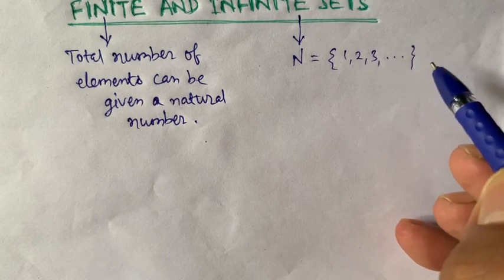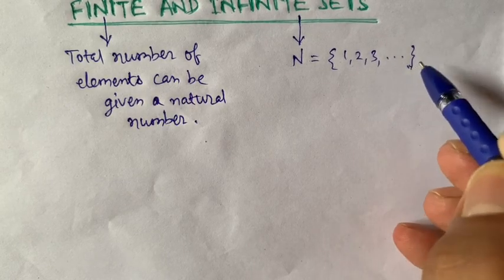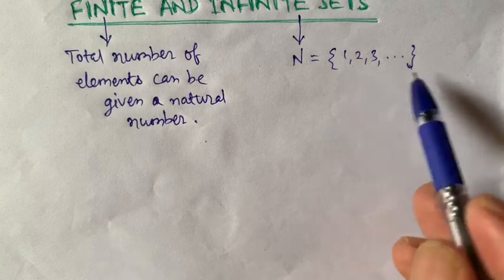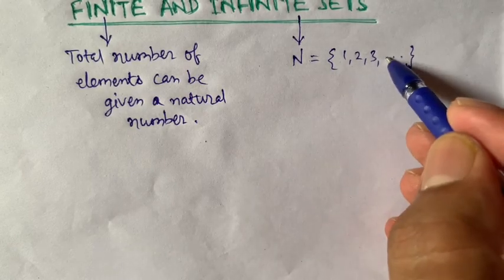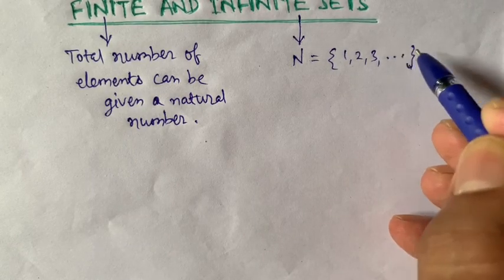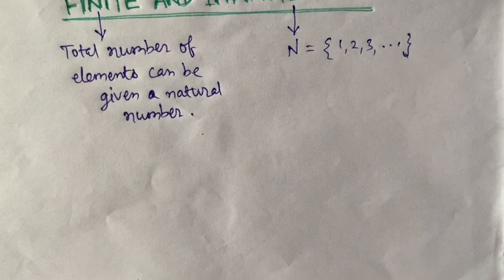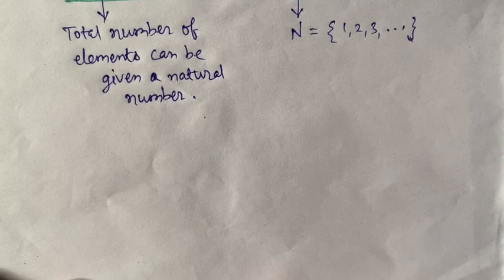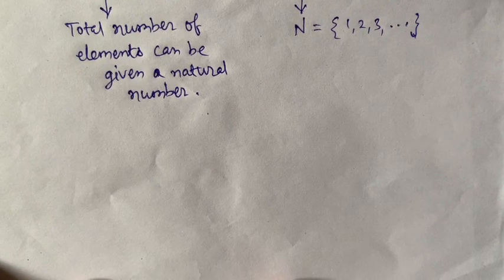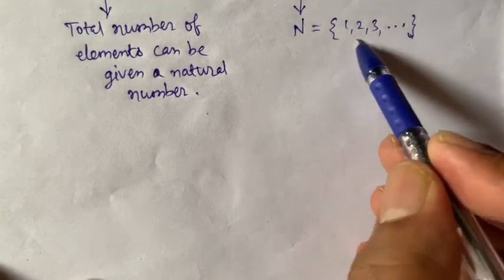Can we decide how many elements we are going to get from this set? It is going on. We cannot find the largest natural number, and so we won't be able to assign a natural number for the total number of elements of this set.